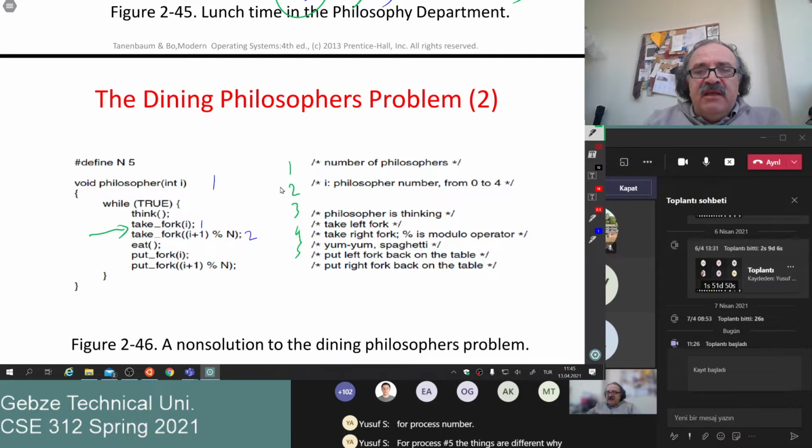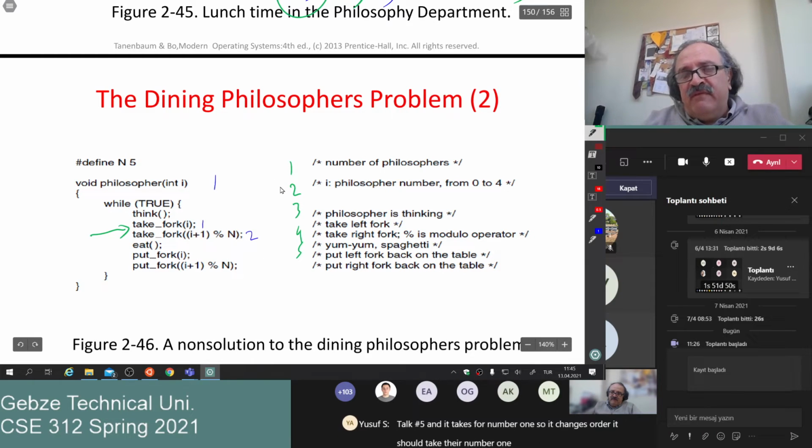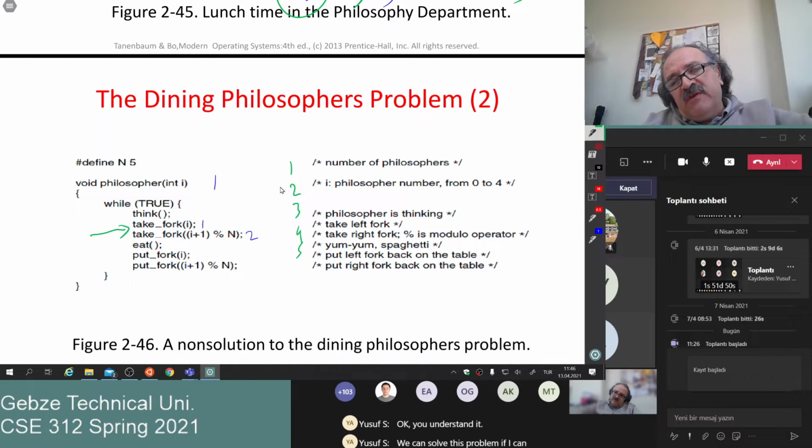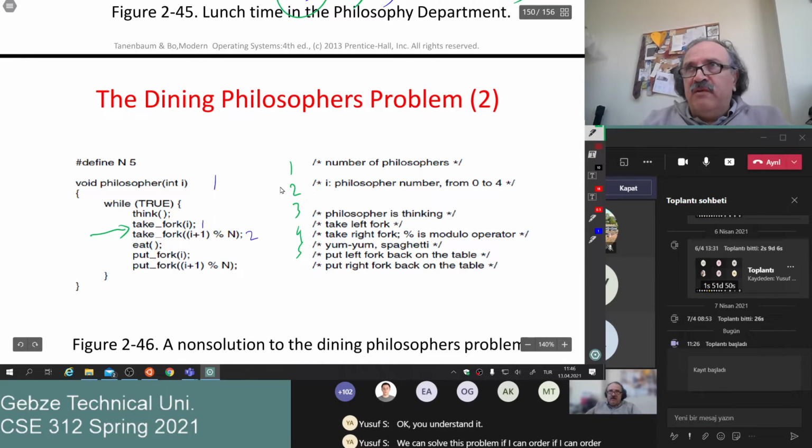Because it takes fork number 5 and then fork number 1, it changes the order. It should take number 1 and number 5. You understand it? We can solve this problem if I can order these fork allocation sequences.